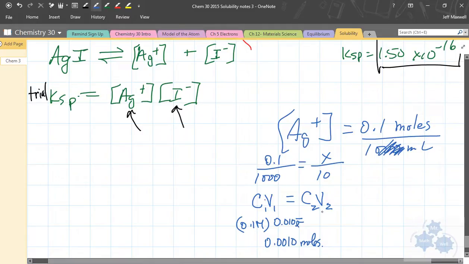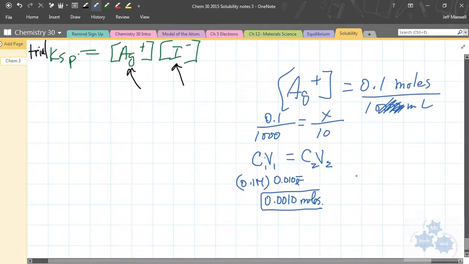Now the V2 is going to be the volume of the whole solution. How many moles do we have? If you have 0.1 moles in 1 liter, you have 0.001 moles in 10 milliliters. So concentration times volume.